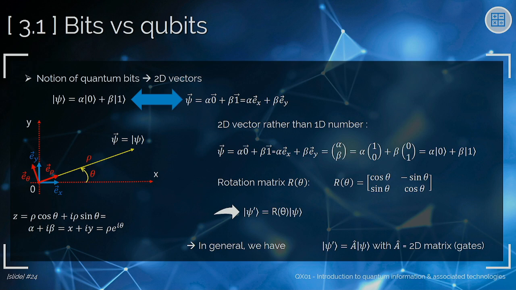One more thing, because we're going to be using that afterwards, is the fact that, as we know in 2D standard geometry, we can represent any vector in X and Y representation, but we can also use the so-called polar notation, which is to use the E rho and E theta notation, where rho is the length of the vector and theta is the angle compared to the x-axis.